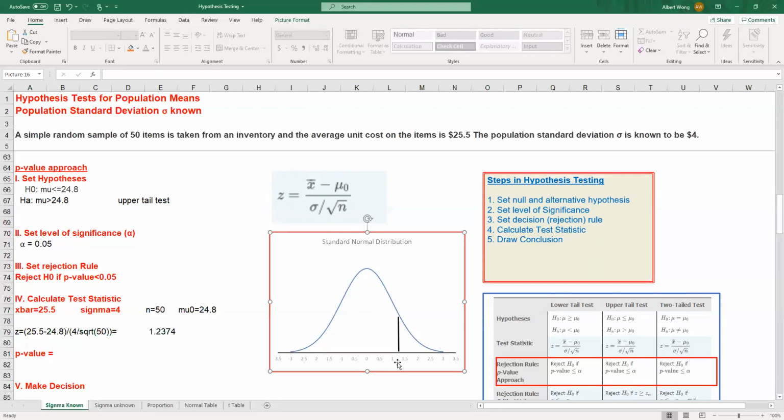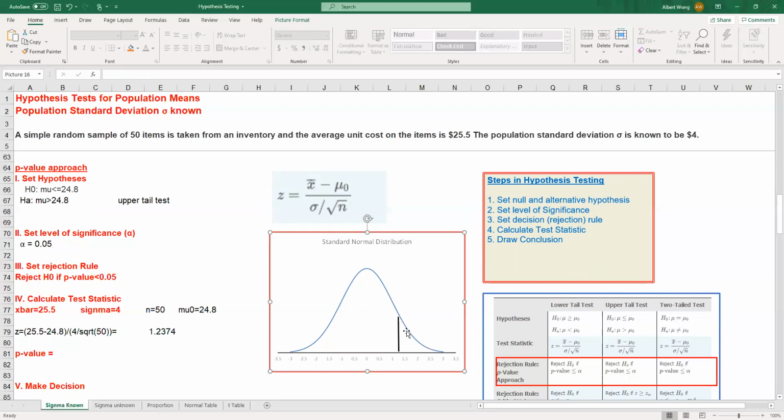And what is the p-value? The p-value is seeing this value and beyond. So we're looking at this area. If the null hypothesis is true, this is a standard normal distribution. And this is the probability of seeing what we see from the data if the null hypothesis is true, or a value beyond that. So that's the p-value, right?